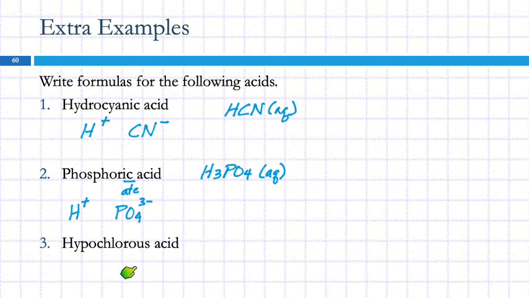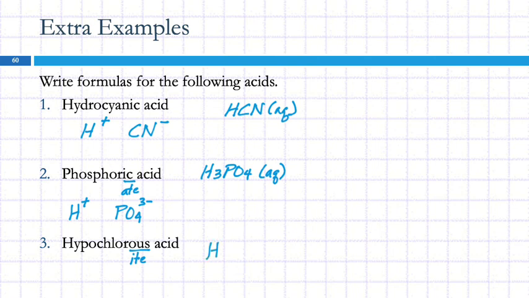How about this one, hypochlorous acid? We want to say it's binary because it starts with hy, but it's not hydro, it's hypo. And I put that one in there because it's a little bit tricky. So hypochlorous, ous comes from ite, so we need the hypochlorite ion.